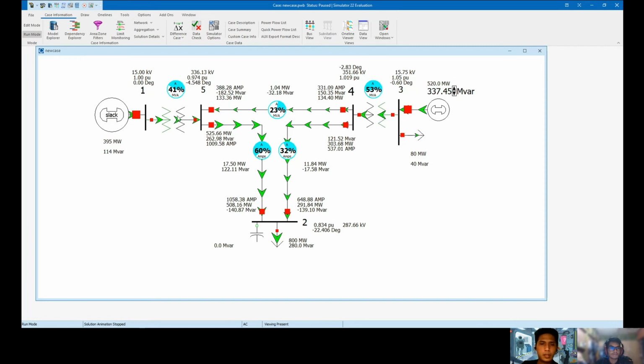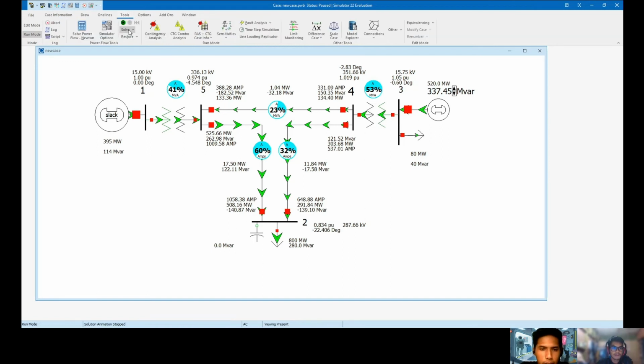Okay, thank you. So I have already done the simulation. Let us see the simulation. Okay, this is the first simulation without the capacitor bank, as our technologist explained to us.